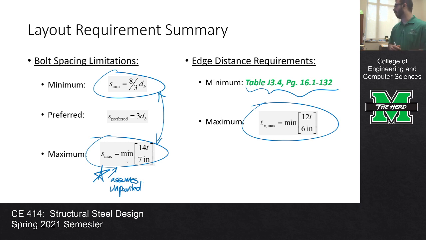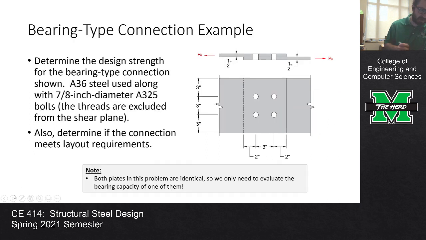This lower one assumes the worst, so if you had a painted member, that one would need to change. But unless otherwise stated, we're always going to assume that in the class. Okay. Any other questions before we get into an example?